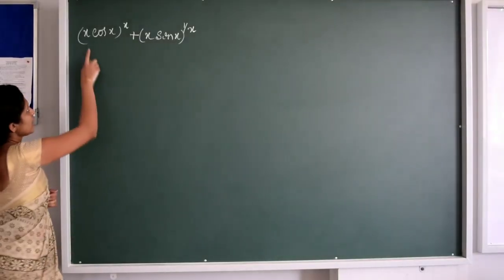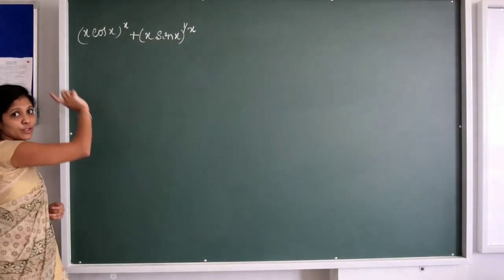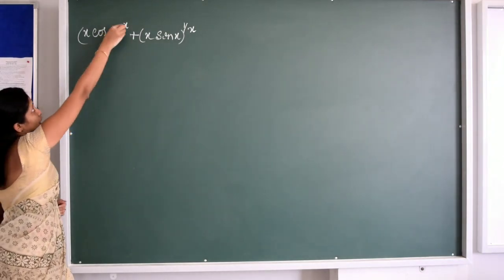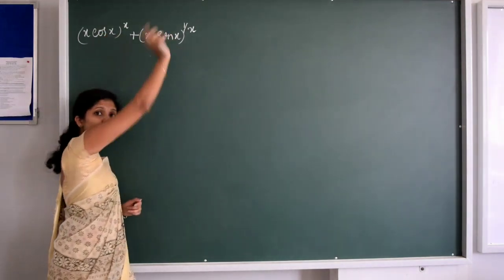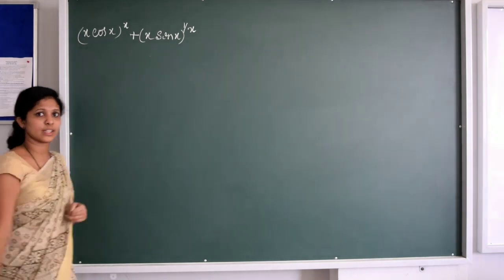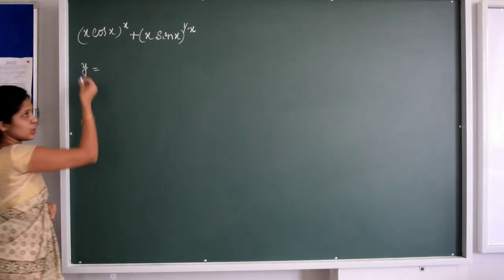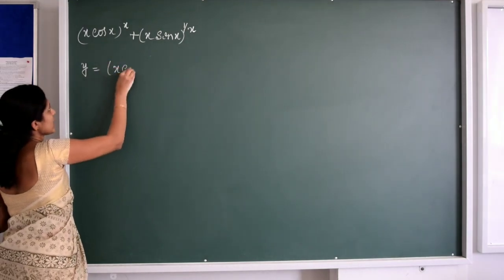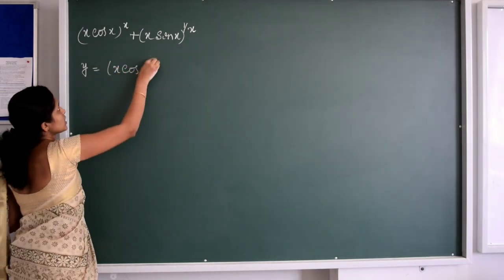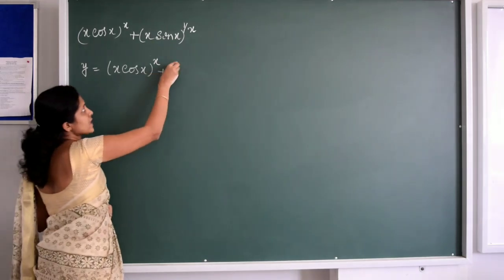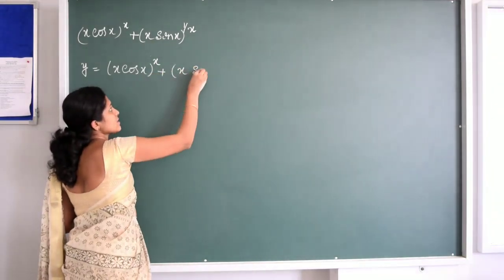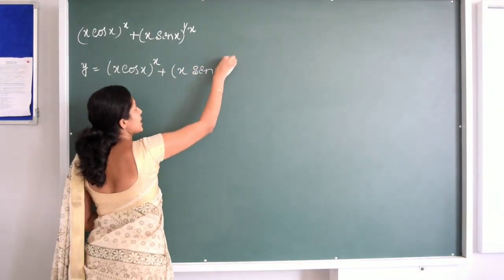So the next problem, x cos x whole to the power x. How many functions are there? 3, right? 1, 2 and 3. Here also x sin x whole to the power 1 by x, and this is also a lengthy problem. What you have to do? First you have to consider this as y is equal to, but it's similar to the earlier problem, x into cos x whole to the power x plus x sin x whole to the power 1 by x.